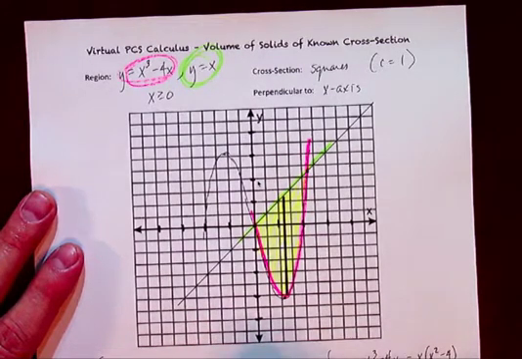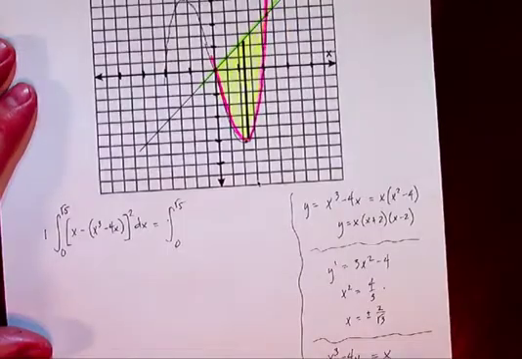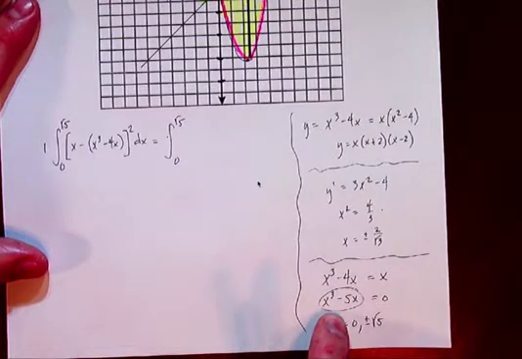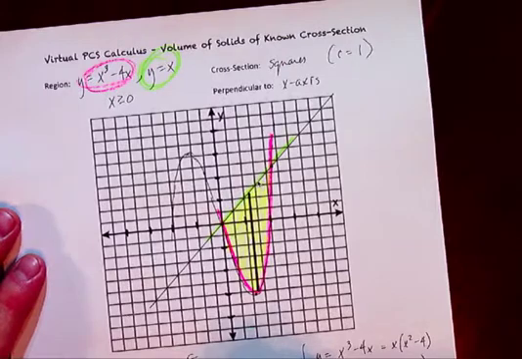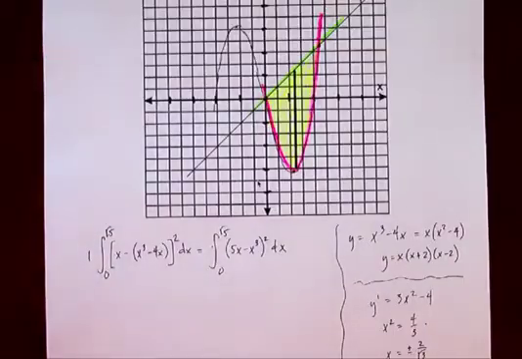And it's going to look relatively familiar because it's just going to be the negative of that right there, okay? Remember to distribute the negative to both terms, and you're going to have 5x minus x cubed squared dx. Now, I could go ahead and do that by hand.